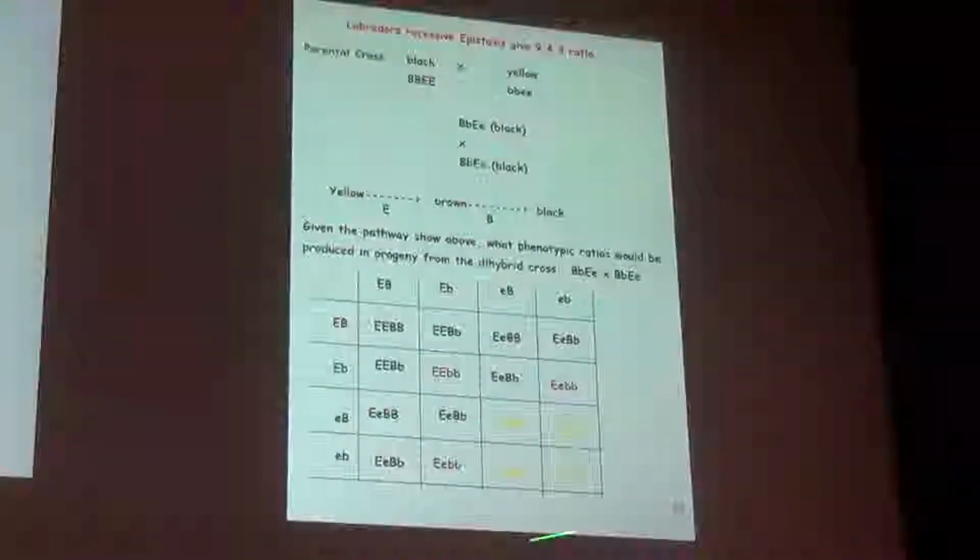And based on this, you could draw out this part. Instantaneously, you could say, yellow is the first step, followed by brown, followed by black. And there are 2 genes, 2 enzymes that are converting yellow to brown. Yes? Any questions?